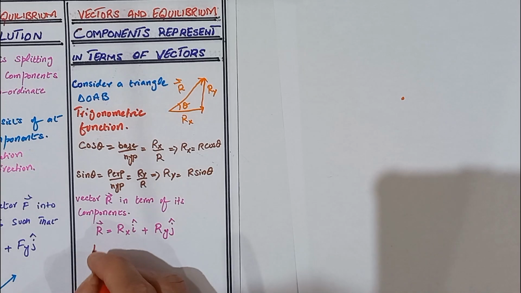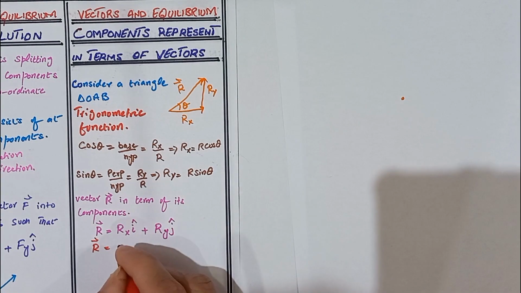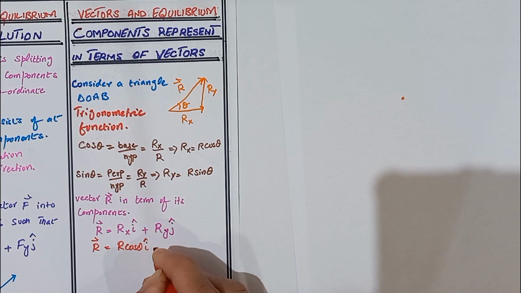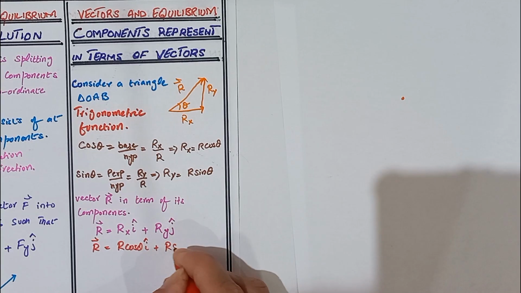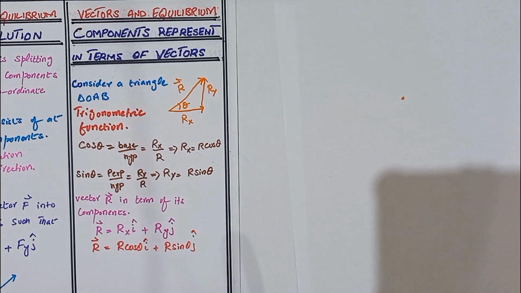So we can write that R vector is equal to Rx, that is R cos theta, I unit vector, plus Ry, that is R sin theta, J unit vector.